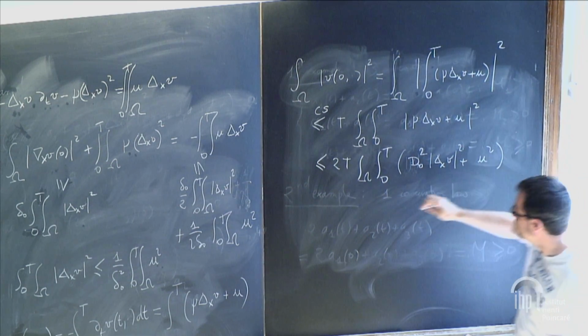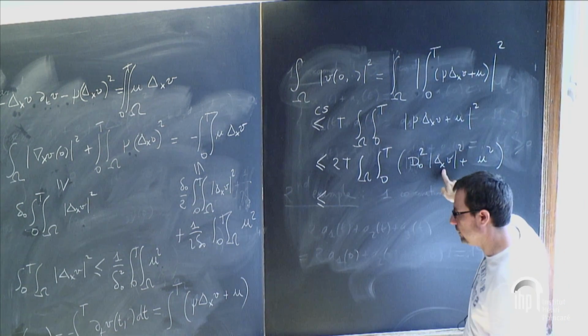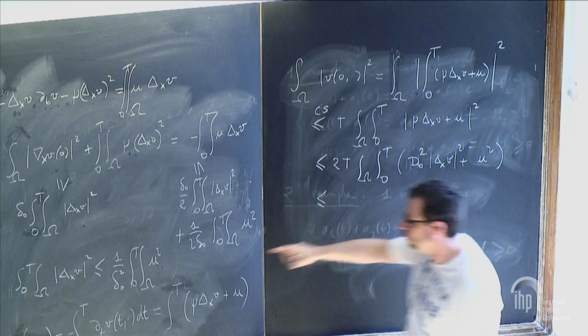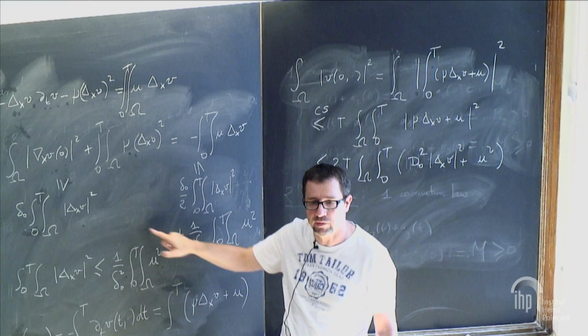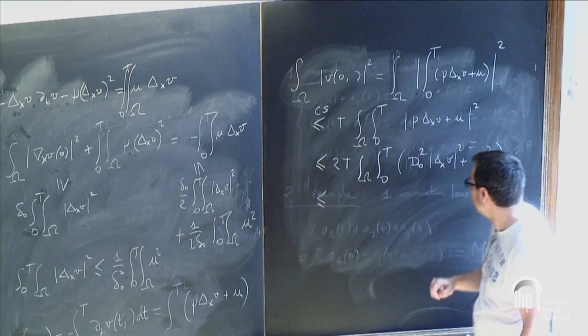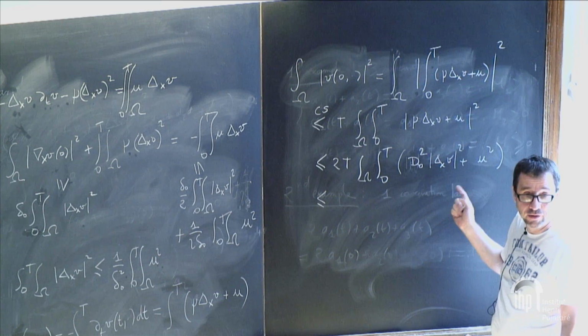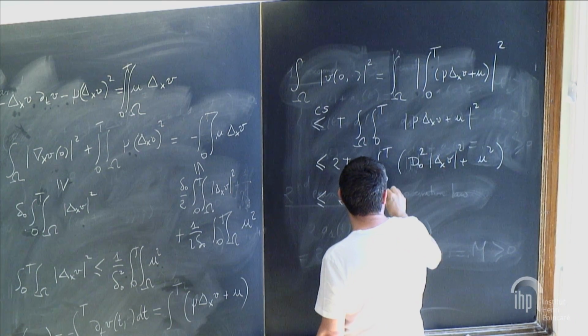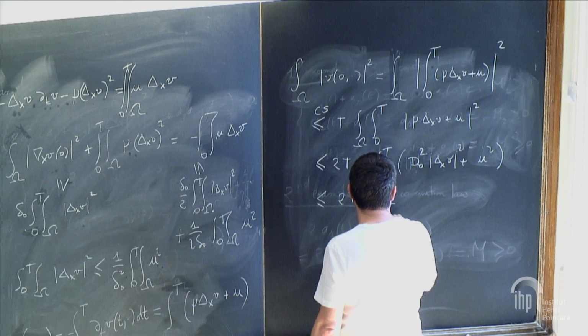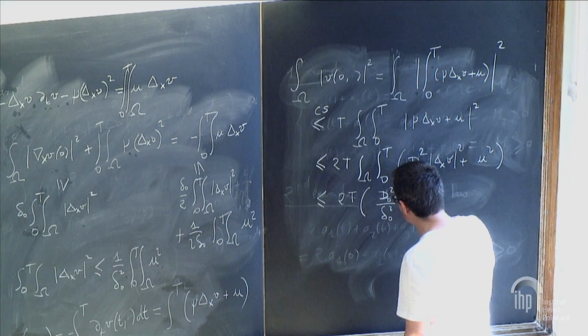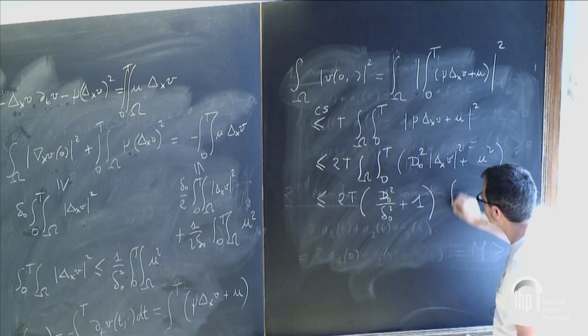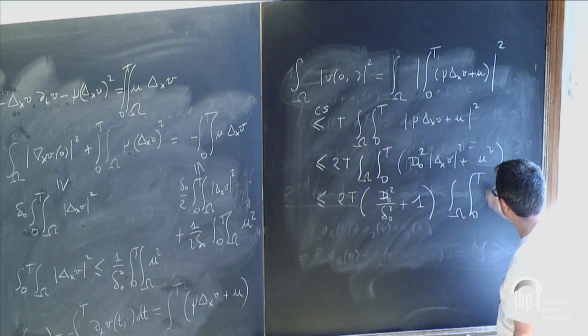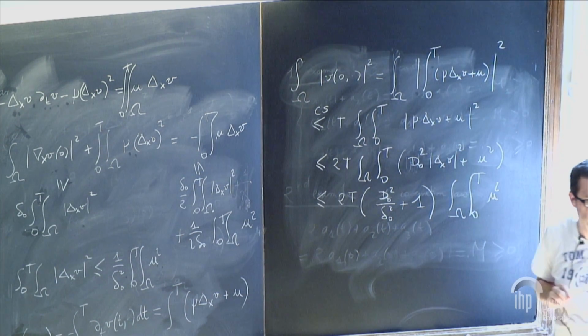So now I see that this can be estimated by 1 over delta 0 square times the integral of u square. This is already u square. So all in all, what I get is 2t times d0 square divided by delta 0 square plus 1 times the integral of u square.